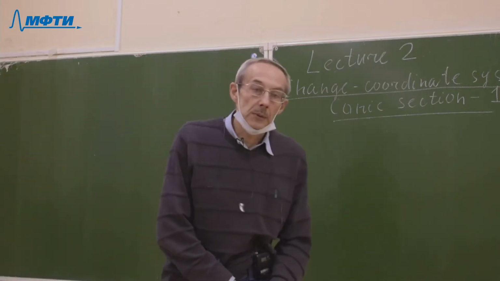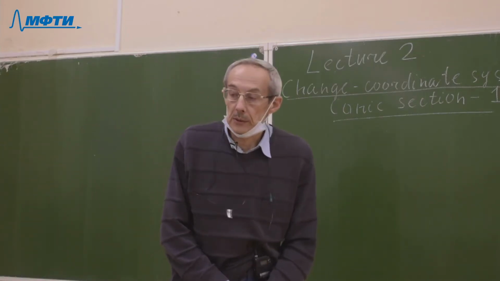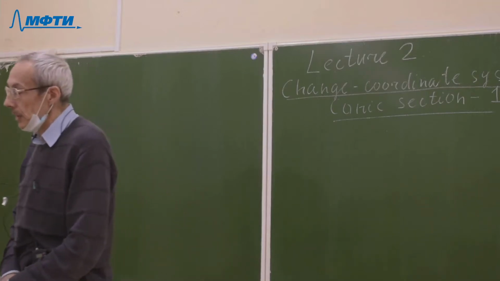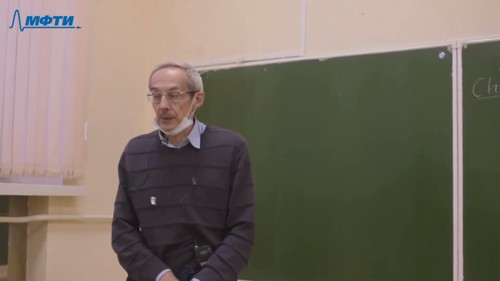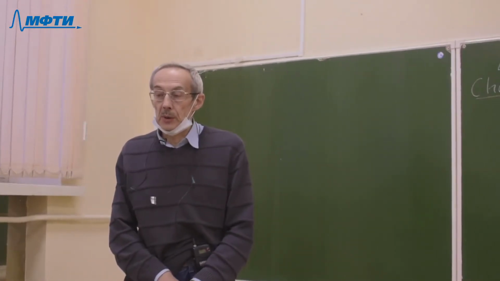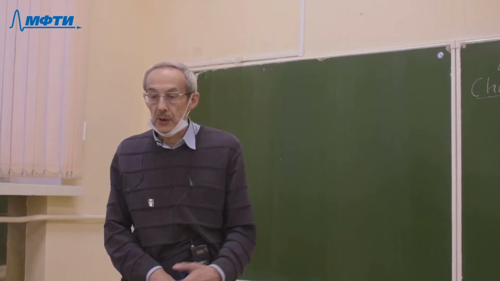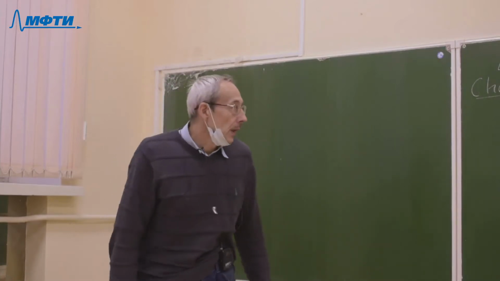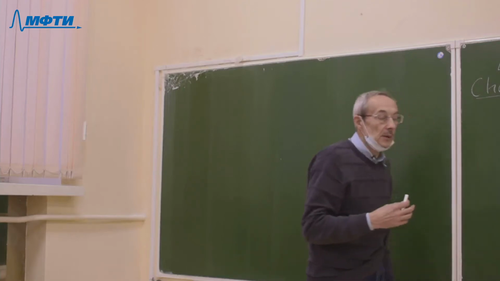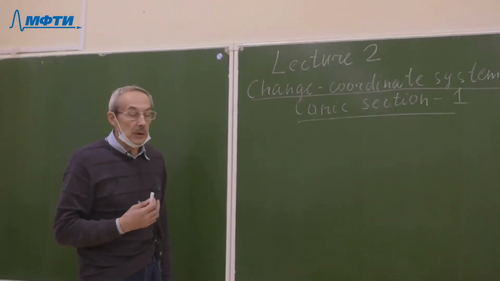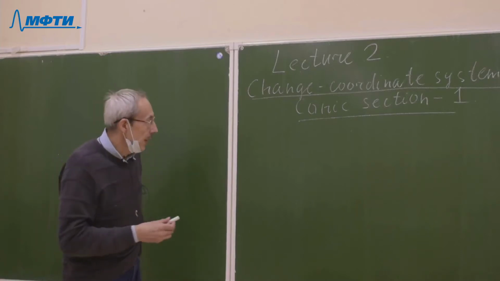Now we will continue to study this problem, and we start to study the conic section. It will be the first part of the semester. I recall the main definition from the previous lecture.